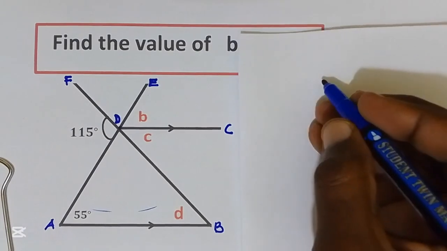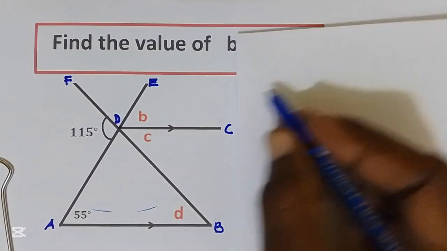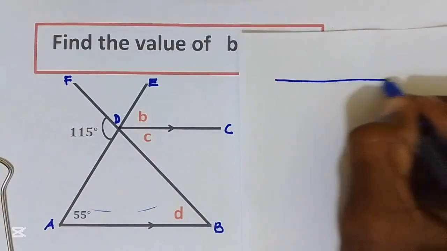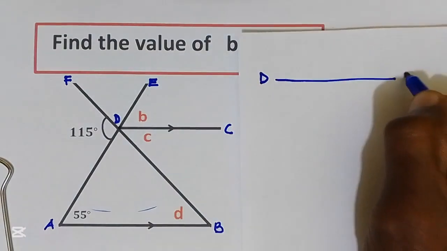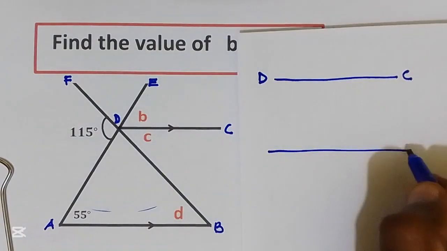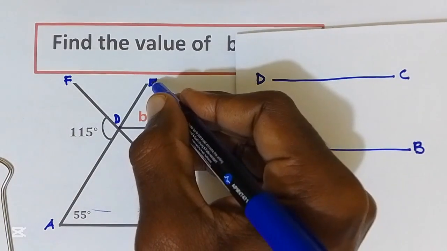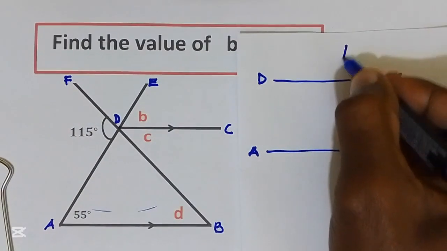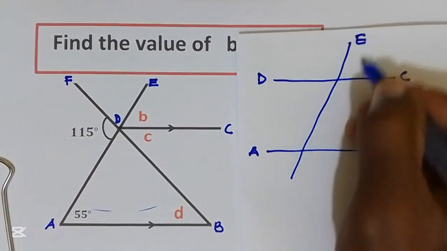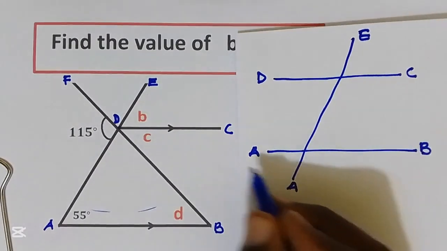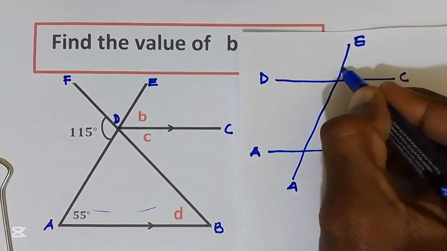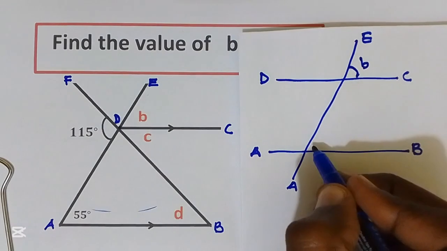Let us see another behavior. We can see line DC is parallel to AB, but we have transverse line EA. Now, angle B, which is over here, is equal to this angle.